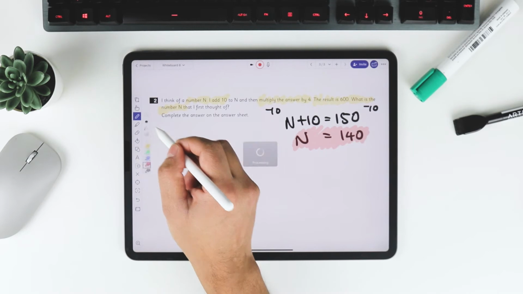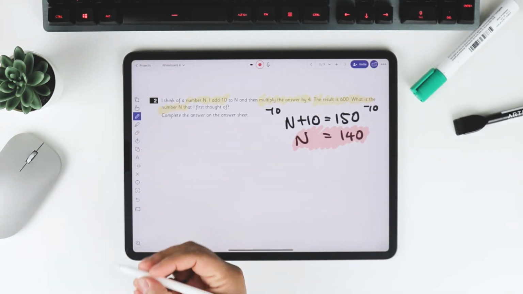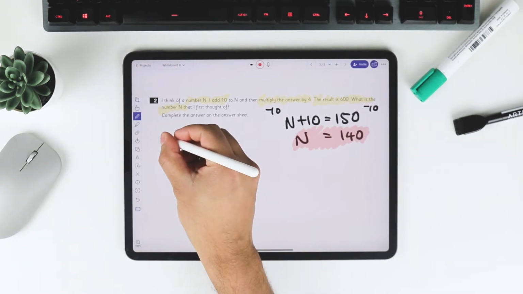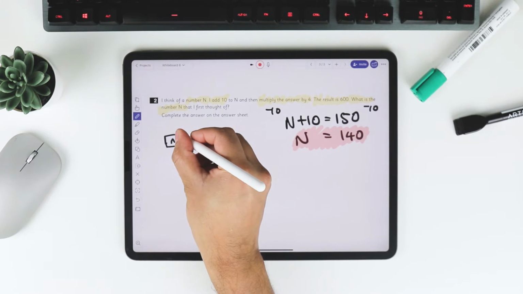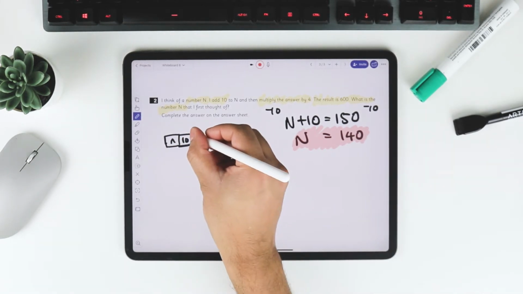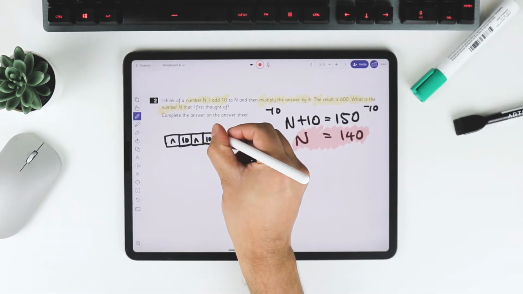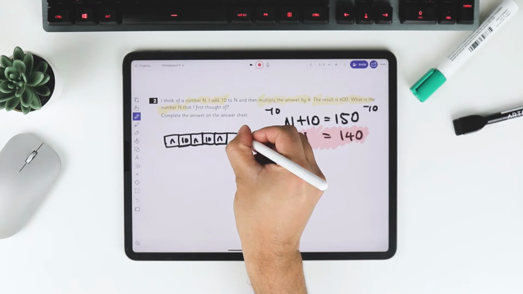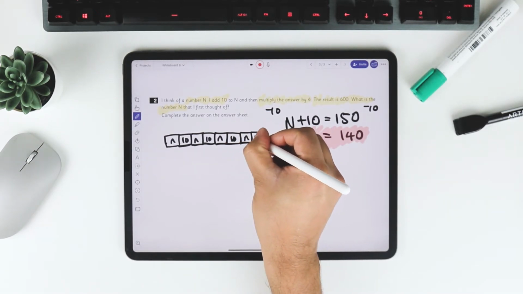I'll keep n equals 140 up there. You could use bar modeling, for example. You could have n, that's your n, plus 10, and times 4 means there will be n plus 10, four times: n plus 10, n plus 10, and so on.